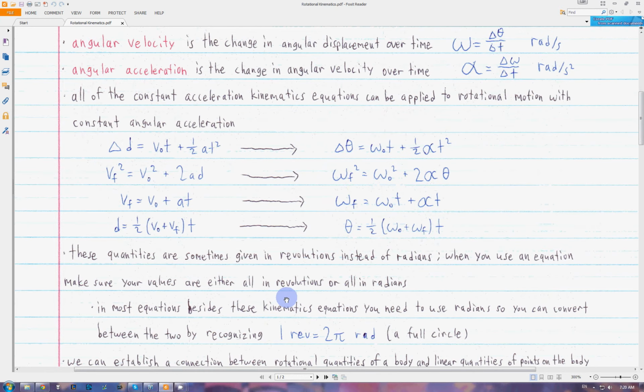Sometimes in more complicated problems you need to be using radians, so it's always safe to convert to radians if you're not sure. And you do this by recognizing that one revolution is just 2 pi radians, because there are 2 pi radians in a full circle.